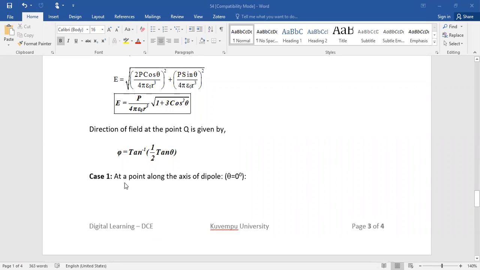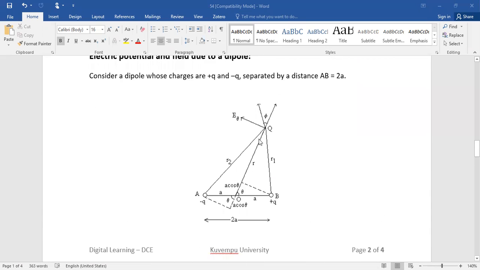Let us consider some special cases. At a point along the axis of the dipole, the external point Q is taken along the dipole axis, maybe at some distance. This is the dipole axis. Then the line joining the center of the dipole and the external point is parallel to the dipole axis.